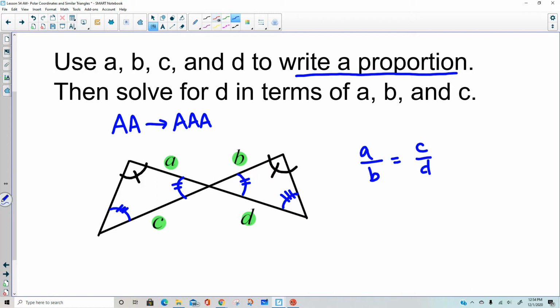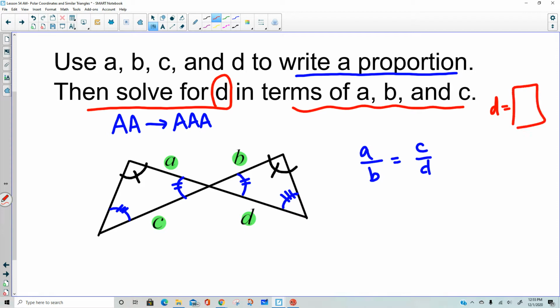What's next? It says then solve for D in terms of A, B, and C. It just means take this equation and rewrite it so that it says D equals stuff. And so we know how to do that. If we have a proportion, we can cross multiply.